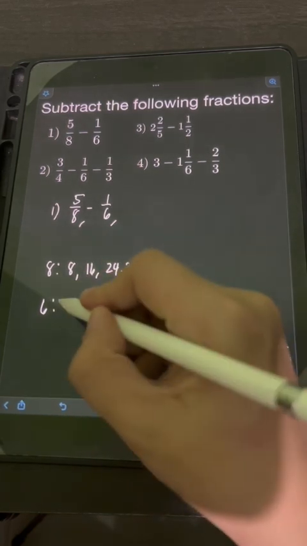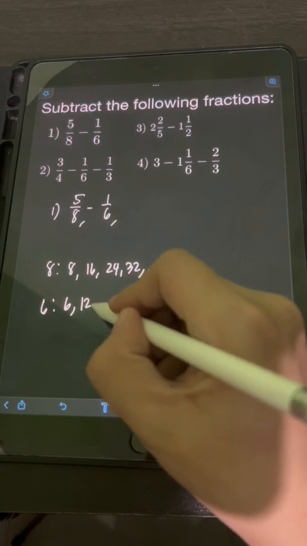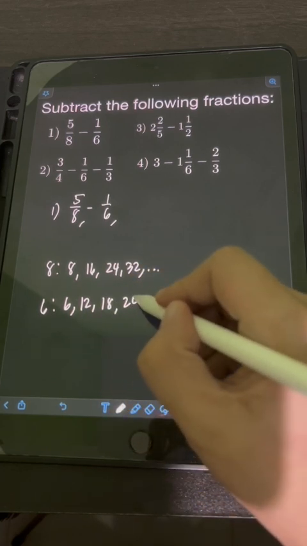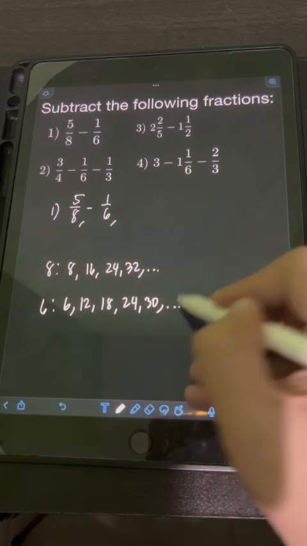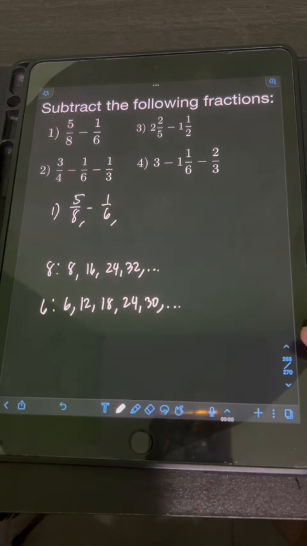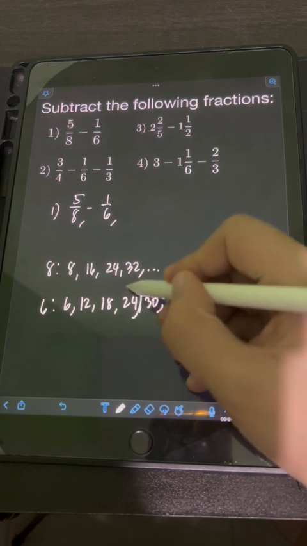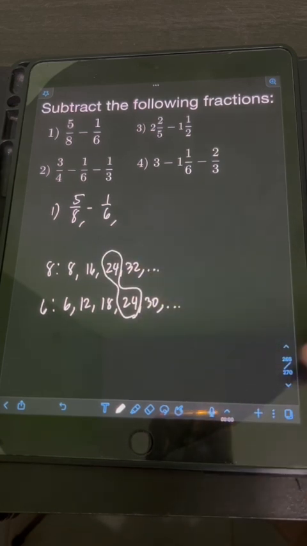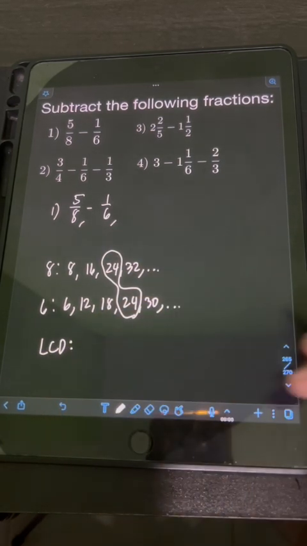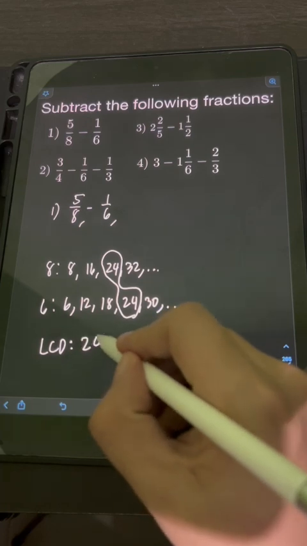For 6, its multiples are 6, 12, 18, 24, 30, and so on. So we look for the first common multiple that appears. Obviously, it's 24. So the LCD of 8 and 6 is 24.